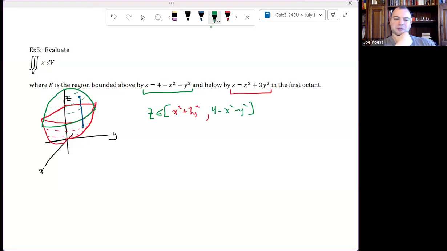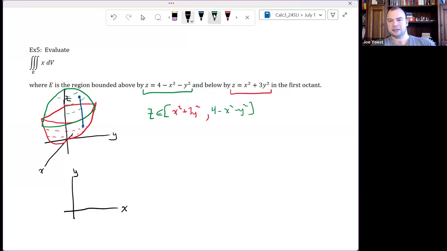And then the question is, what about x and y? Well, we have taken care of z at this point. So let's look at x and y separately.